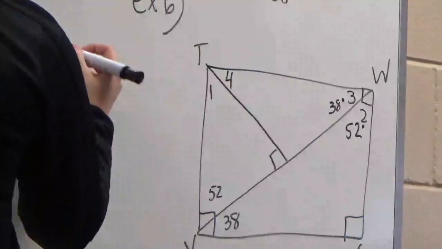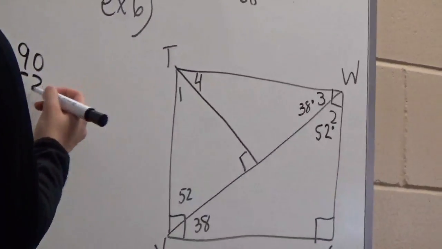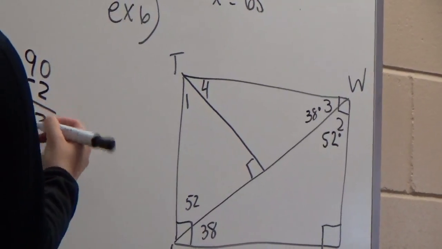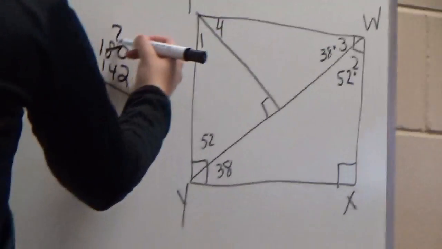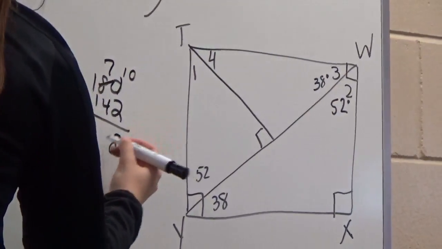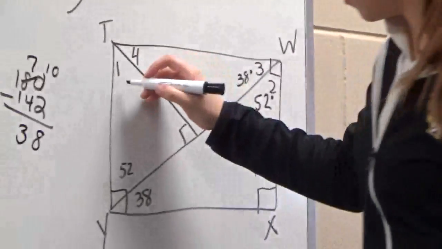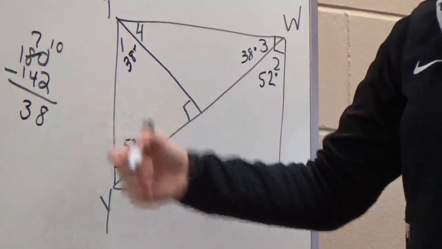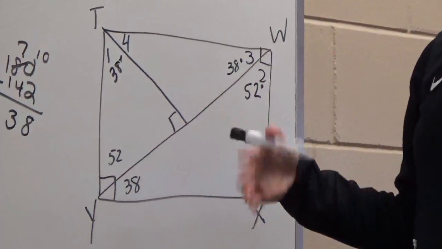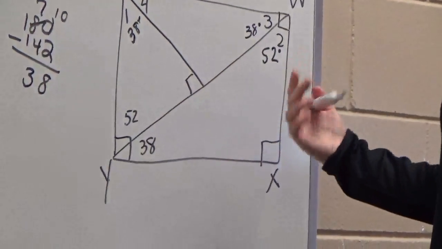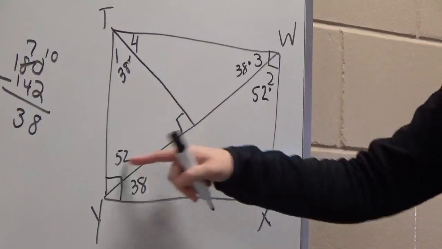You know that's 90 degrees plus 52, 180 minus 142, so that's 38. Oh wait, we didn't even need to do that, because we knew that. You could have done 90 minus 52. We already knew that over here.